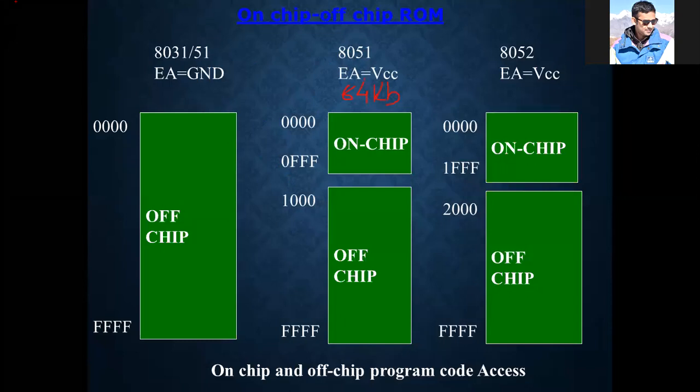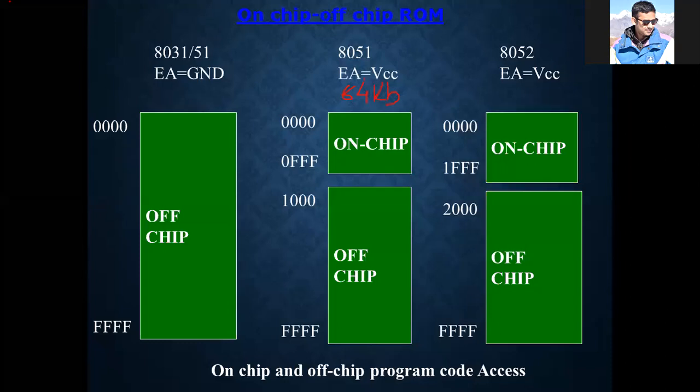So how much address range can be addressed? That is 2 to the power 16. Yes, so 64 kilobytes. But in 8051, only 4 kilobytes of on-chip ROM is available.